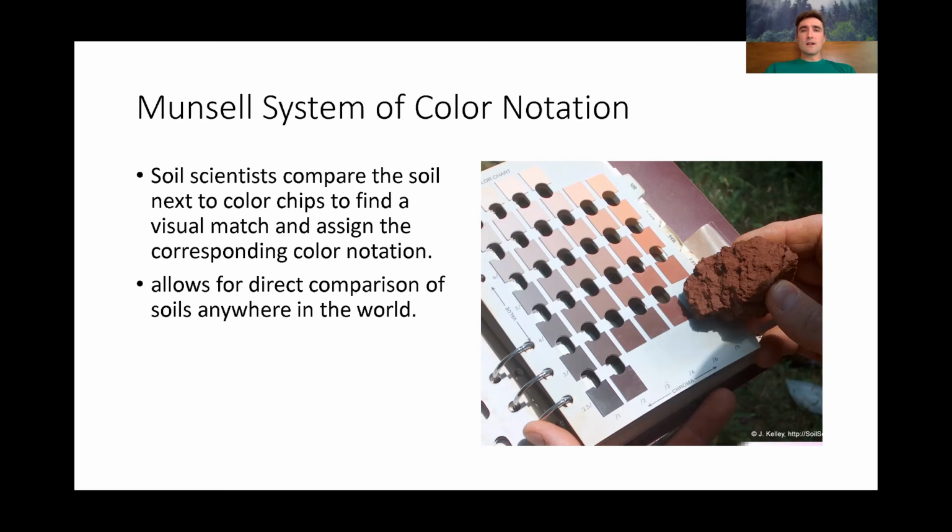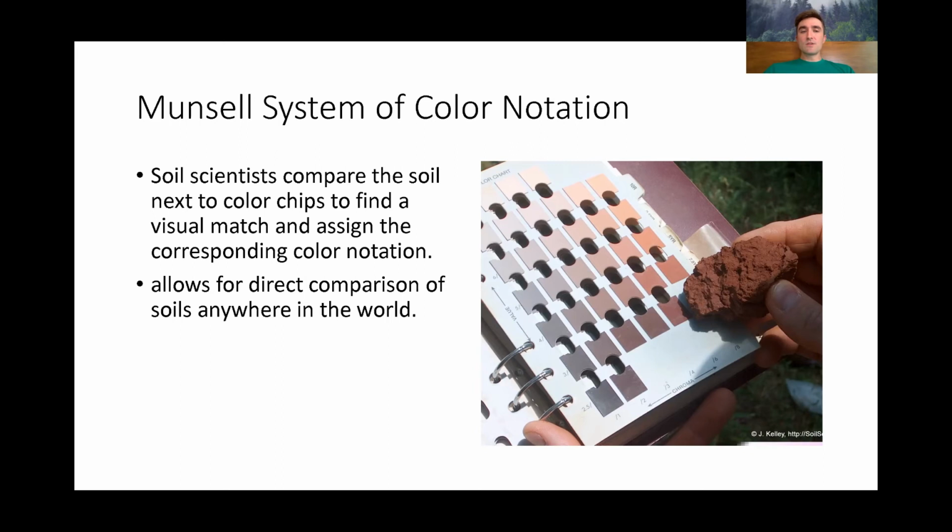They got in touch with an art professor, Albert H. Munsell, who had developed a system for describing color. And the USDA chose to adopt the Munsell system as its official methodology for classifying soil color.